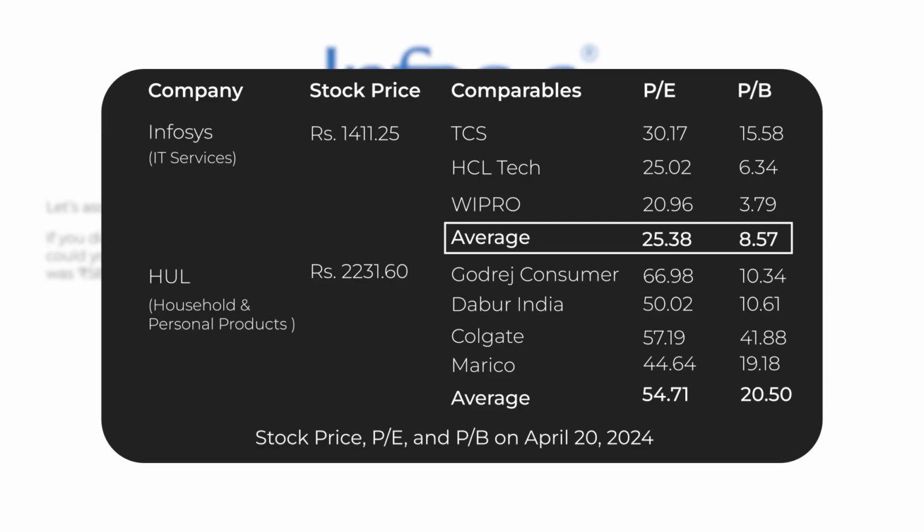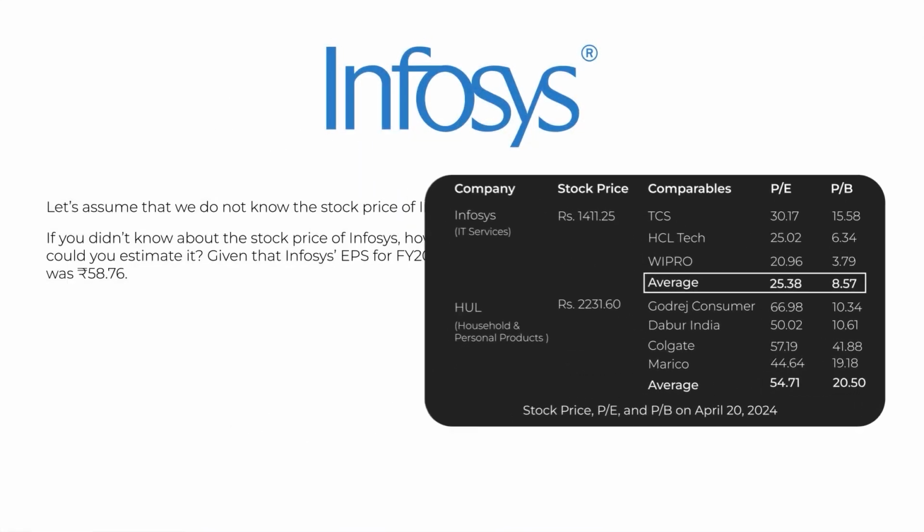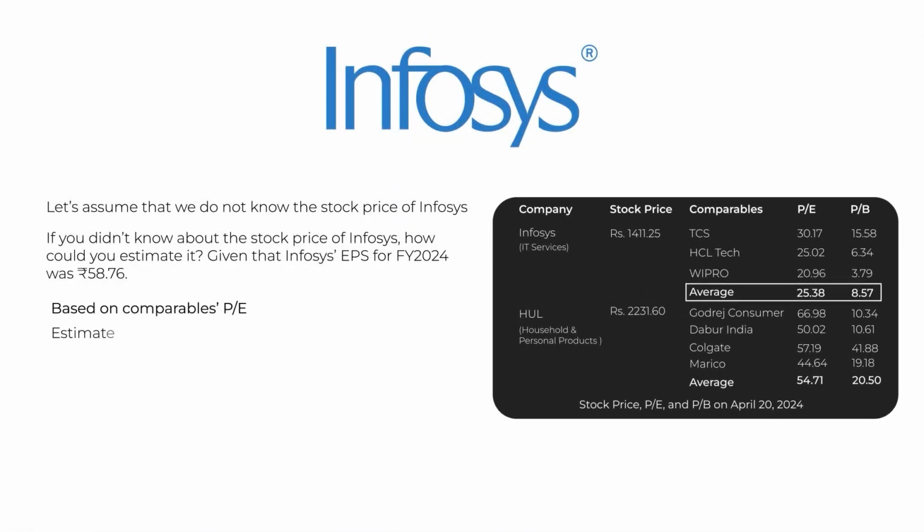Finally, we find the stock price of Infosys. We arrive at an estimate of the stock price of Infosys by multiplying the mean value of the price to earnings ratio for our comparables with the EPS of Infosys. That is, we multiply 25.38 with the Infosys EPS of 58.76 rupees, and this comes out to be 1491.